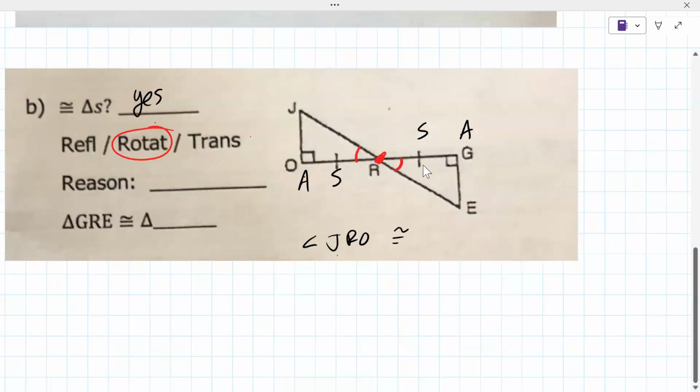So give me the equivalent angle over here. ERG. It's GRE. Yeah. Okay, no. Good. GRE. All right. Now, no, I let you talk me into that. It's ERG.